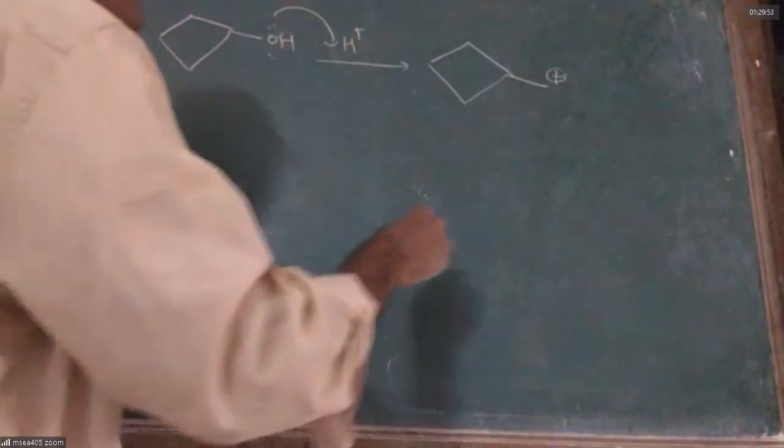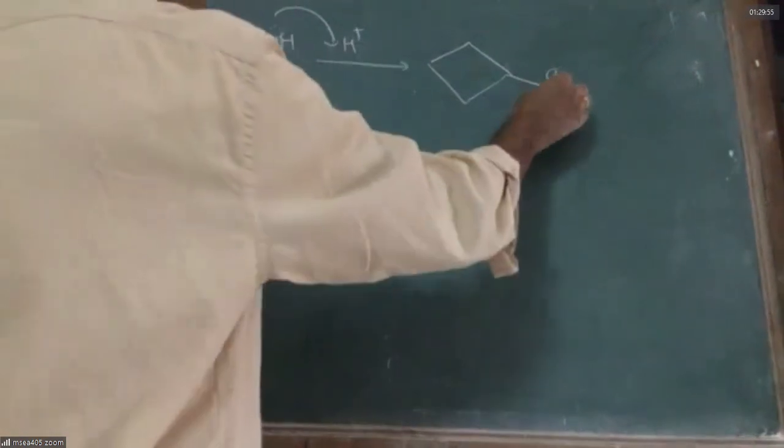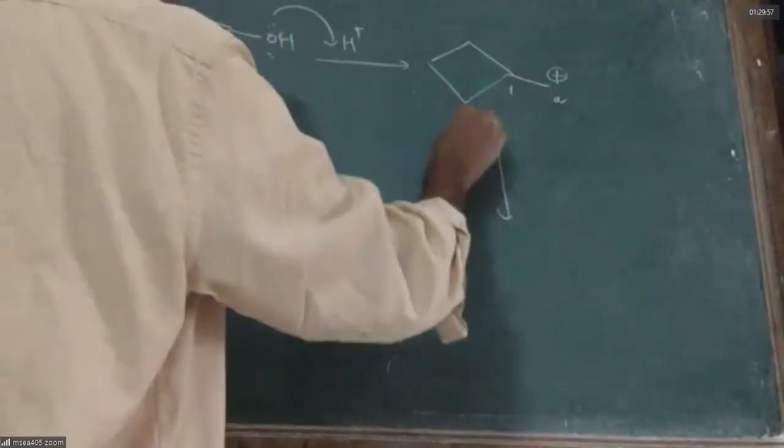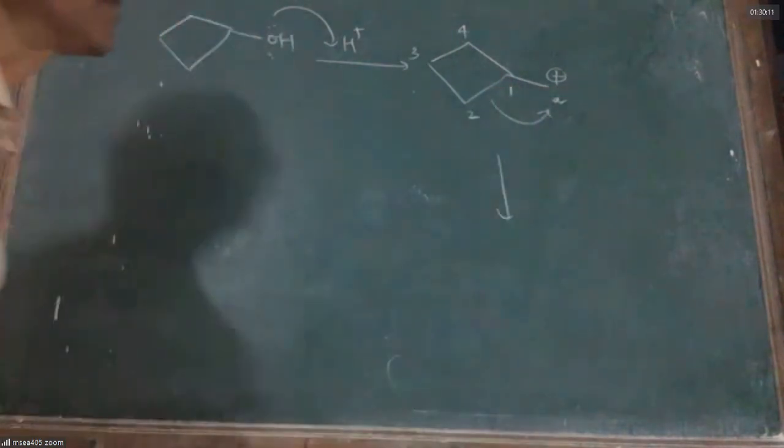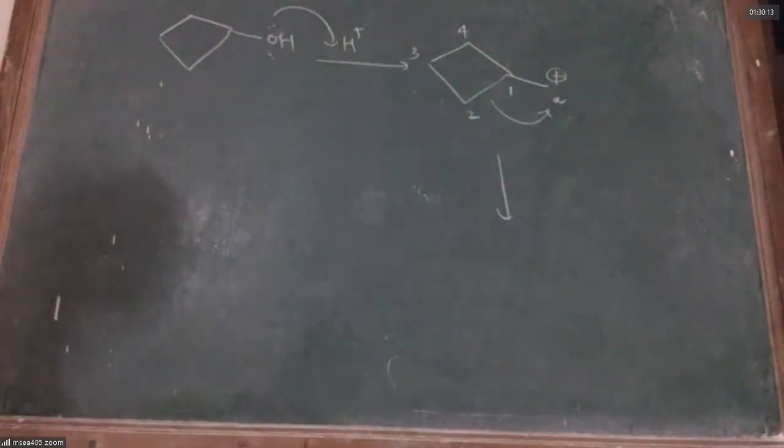Now let me call it the carbocation carbon. 1, 2, 3, 4. Any bond connecting 1 and 4 and 2 and 4 will go to it. Now which do you want to choose, 1 and 2 or 1 and 4? See, 1 and 2 is coming here. Therefore, the 2 instead of binding to 1, now it wants to bind to the carbocation carbon. Can you see it clearly?